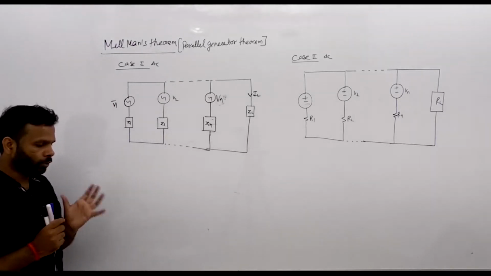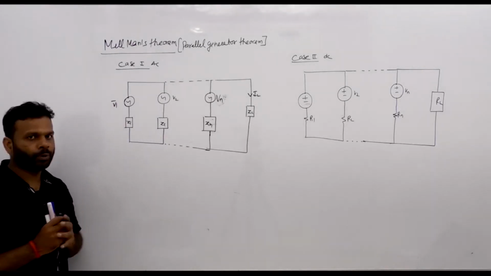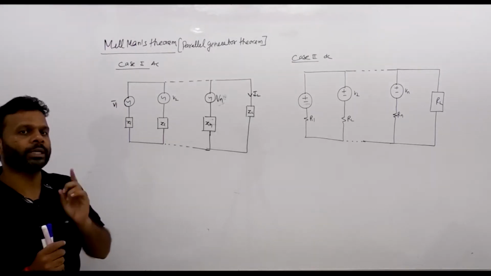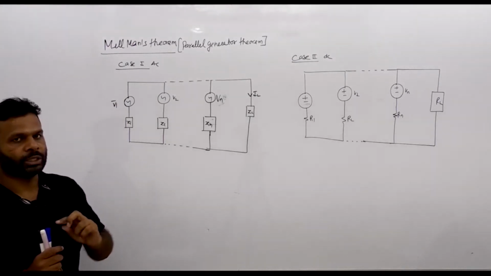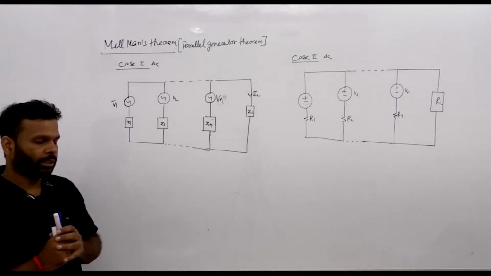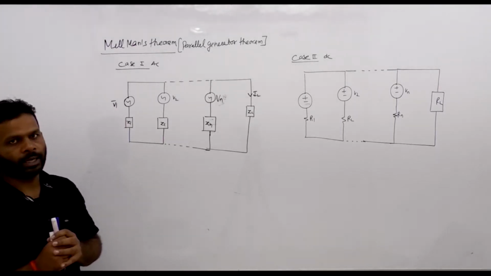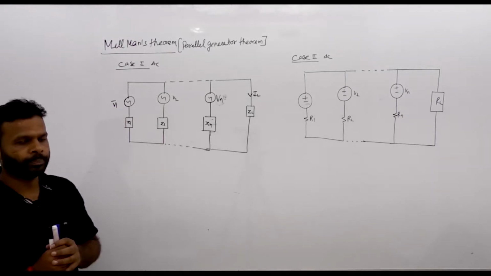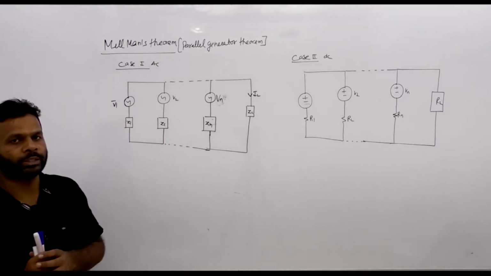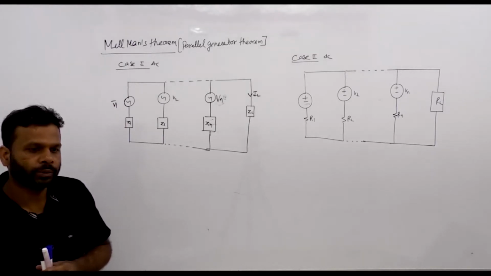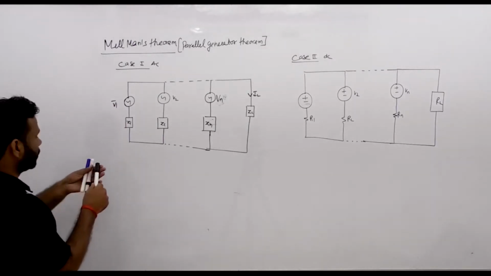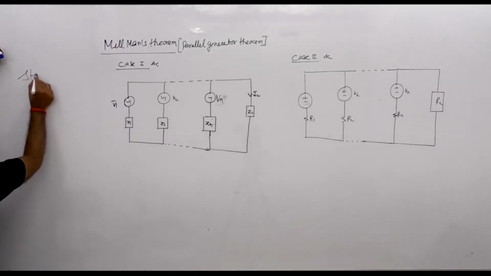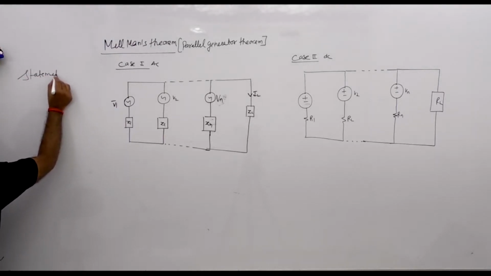According to the Millman's theorem, n number of practical generator can be converted into a single practical generator. और दूसरे स्टेटमेंट की बात करें, according to the Millman's, n number of parallelly connected Thevenin's voltage source can be converted into a single voltage source. So let's first take the statement of this theorem. So statement क्या है, ध्यान से देखिएगा. Statement of this theorem. तो दो स्टेटमेंट बनेंगे इसके.